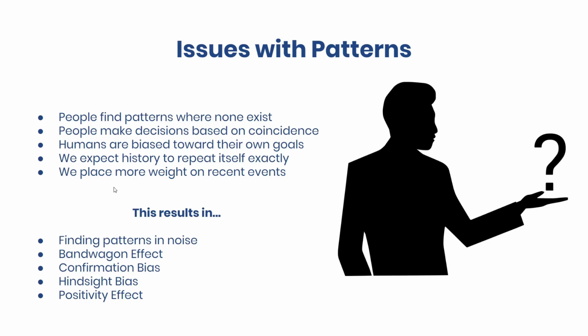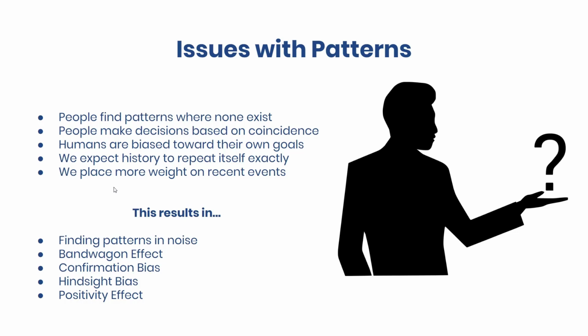And that's just because what happens in our recent memory is so much more vivid for us. It's visceral, and we rely upon that information, and we tend to forget about things that have happened in the past. We focus on the now, and if the now matches our bias and it matches the decisions that we're making based on coincidence, and maybe even matches these patterns that don't exist.